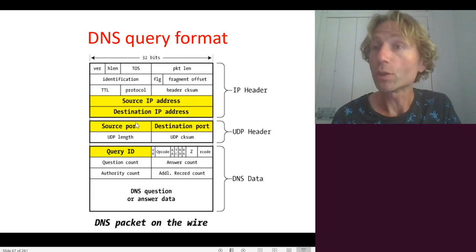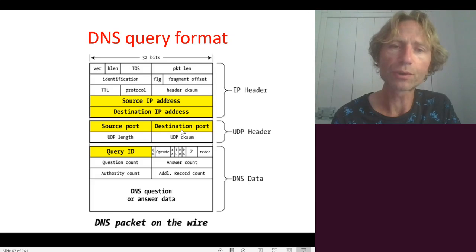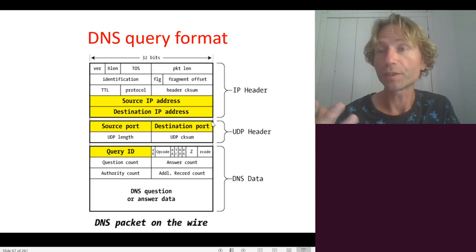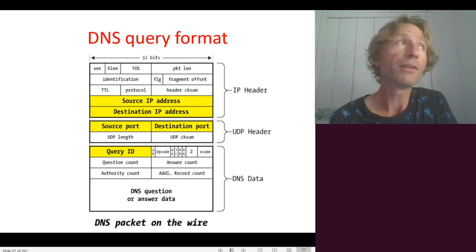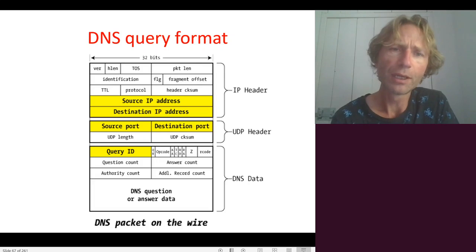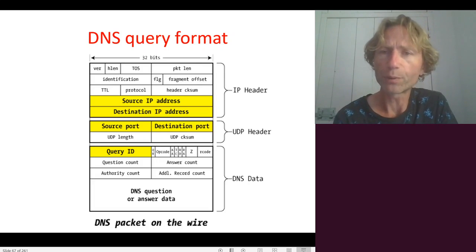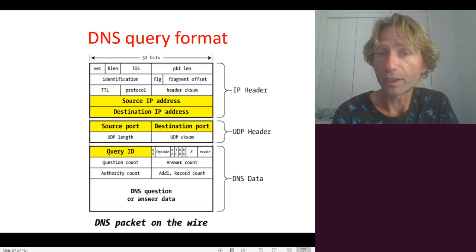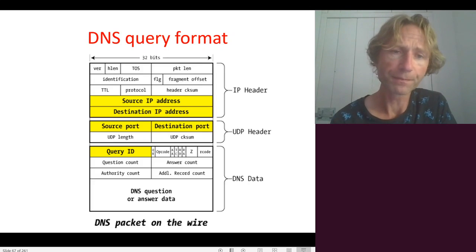The UDP header, not very interesting either. It contains a source port and a destination port. For DNS, the destination port is 53. So the name servers listen on UDP port 53.